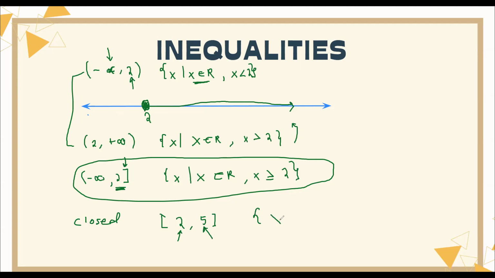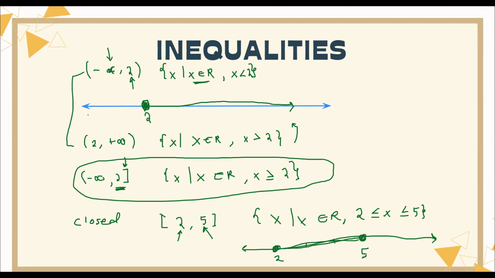So we write that as x where x is a real number and x is greater than or equal to 2 and less than or equal to 5. The end points are definite on your number line. So on the number line, we have 2, 3, 4, 5. We shade that and then we graph. Okay? Alright.